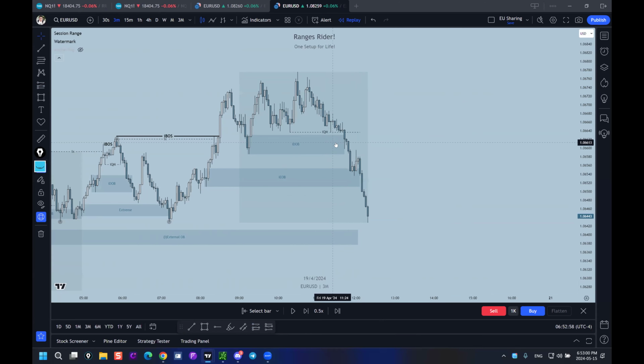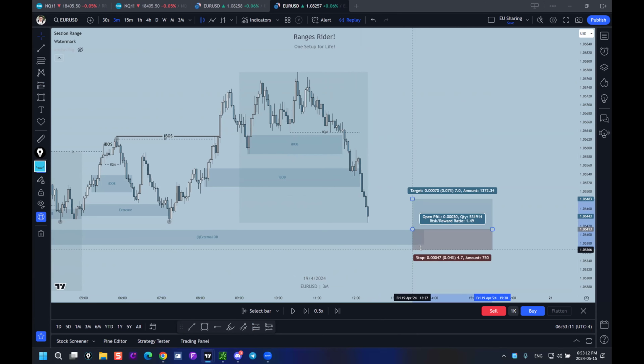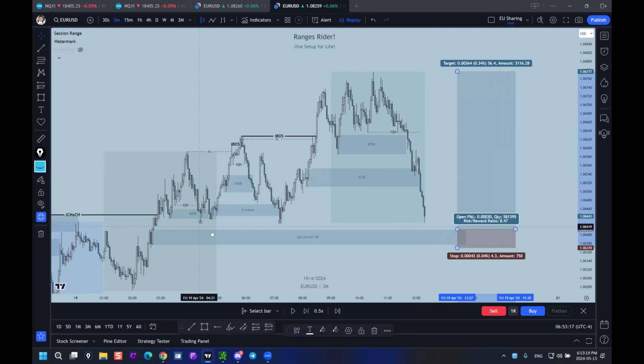We know that if the IDOB is disrespected, we are looking for IEOB, but not entering except here, because this is the only thing which has the controlled risk now. Why? Because if we take, we will take the major liquidity. This is the major, and this one is an external order block.